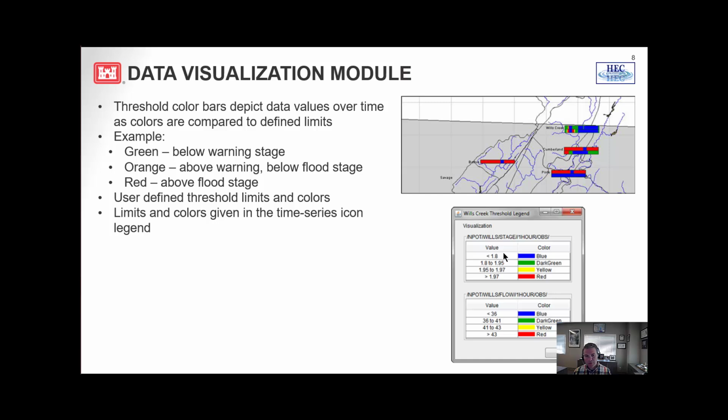If it's between 1.8 and 1.95, dark green, 1.95 to 1.97 yellow, and greater than 1.97 is red. And so it's just a quick visual cue to let you know what the values in the watershed represent.